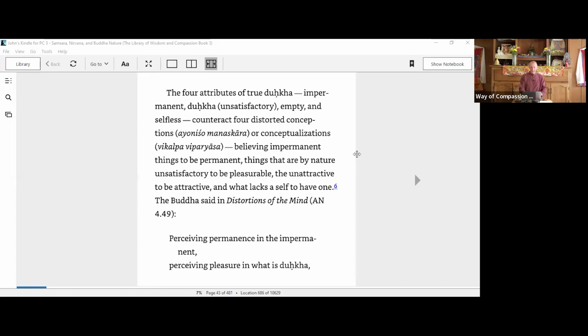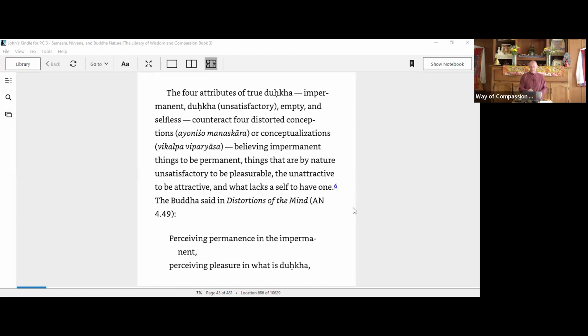So we can counteract these 4 distorted conceptions or conceptualizations, believing impermanent things to be permanent, things that are by nature unsatisfactory to be pleasurable, the unattractive to be attractive, and what lacks self to have one. So those are the misperceptions. And we can counteract these 4 distorted conceptions.